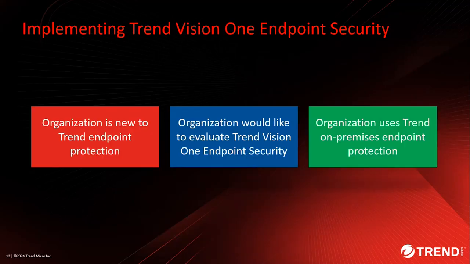These are the three primary scenarios to understand how various organizations can adapt this robust security solution. Whether you're new to Trend Micro, considering a transition, or looking to enhance your existing setup, this session will provide you with a clear roadmap. So let's go into each scenario.